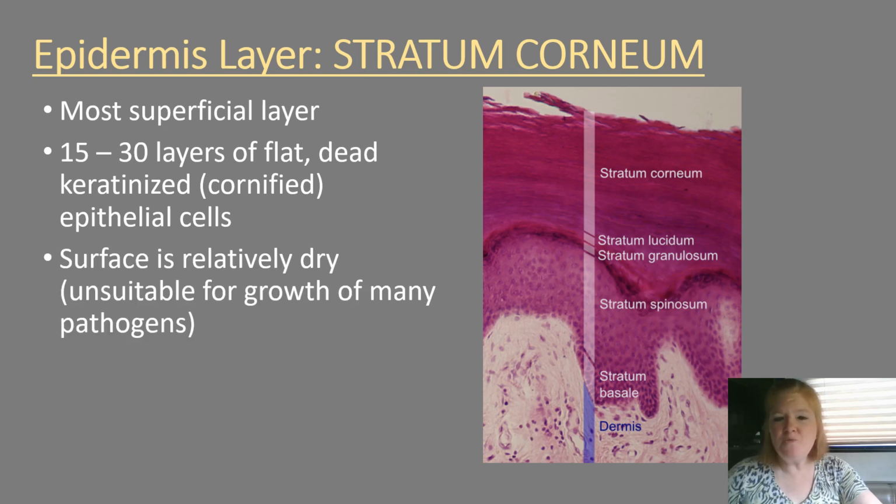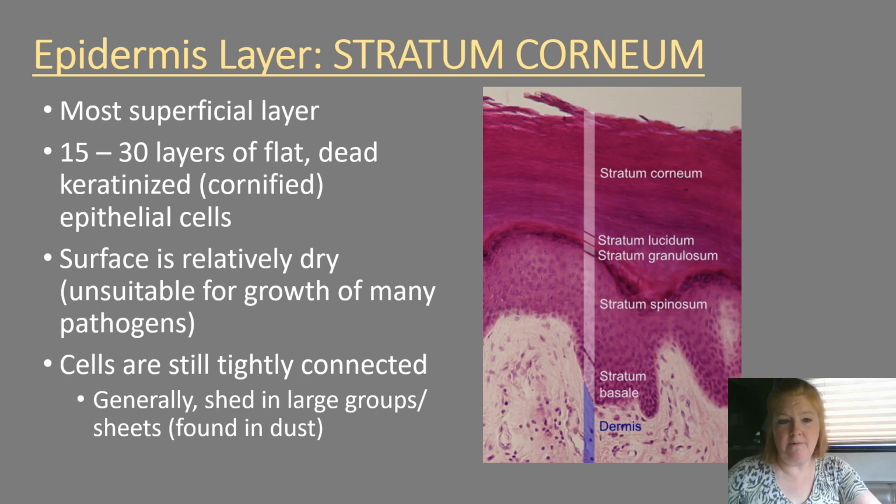The surface is relatively dry, which means it's unsuitable for the growth of many pathogens, so that provides some inherent protection. And the cells are still tightly connected, so generally the cells are shed in large groups or sheets instead of individual cells, and this is found in dust. So a big part of dust are cells from the stratum corneum.